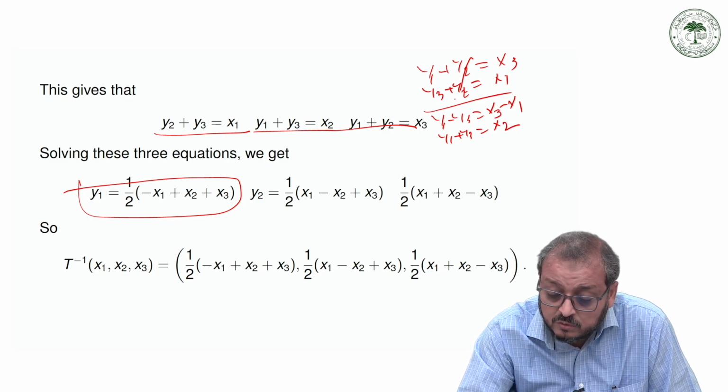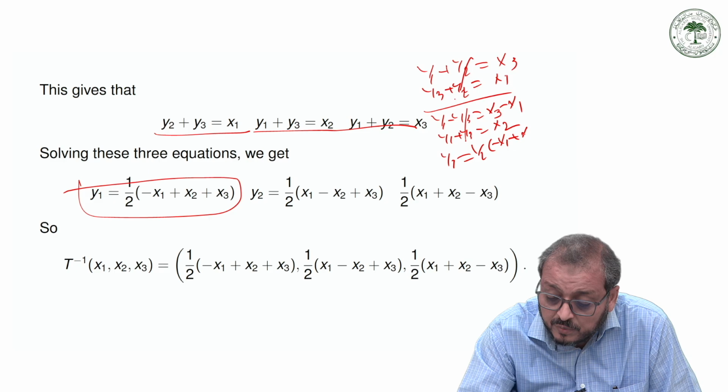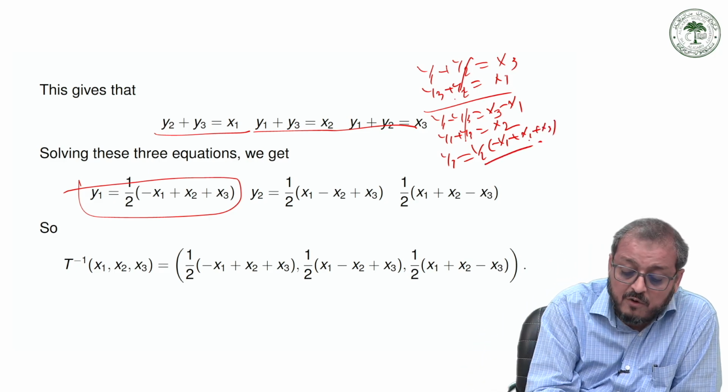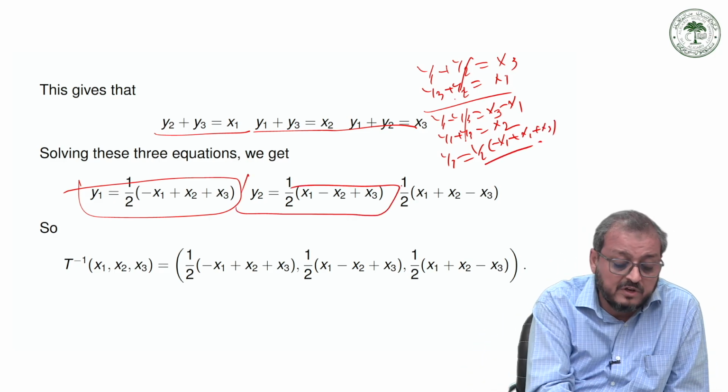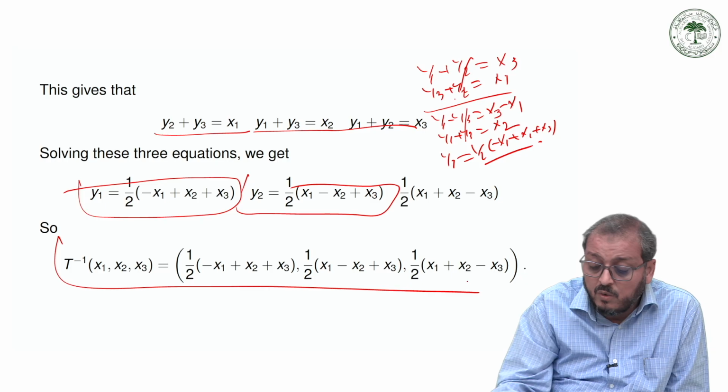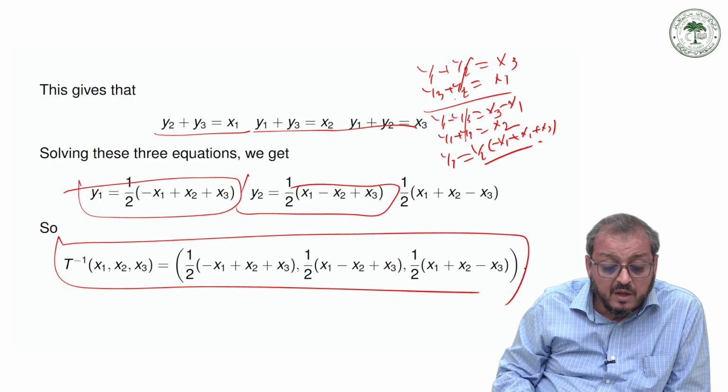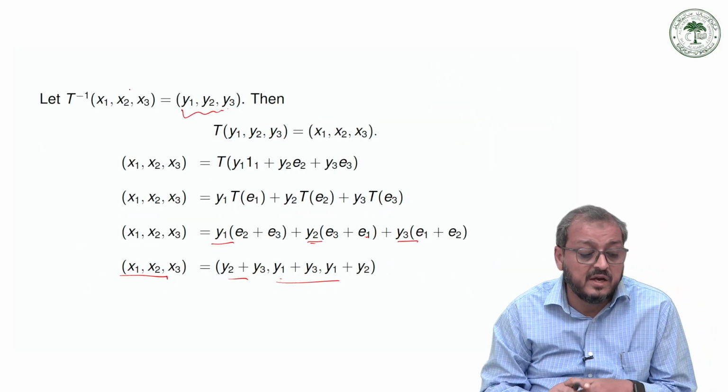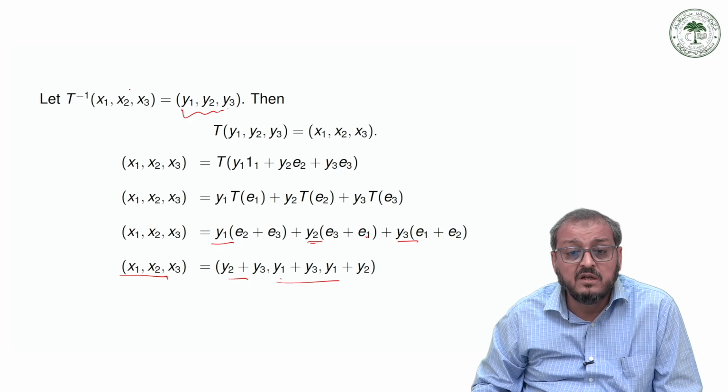Now these two get added and y3 cancels out, so y1 is equal to 1 by 2 (minus x1 plus x2 plus x3). Similarly we get y2 and y3, and then substituting the values of y1, y2, y3 in this form, we can clearly get the inverse of this linear transformation.